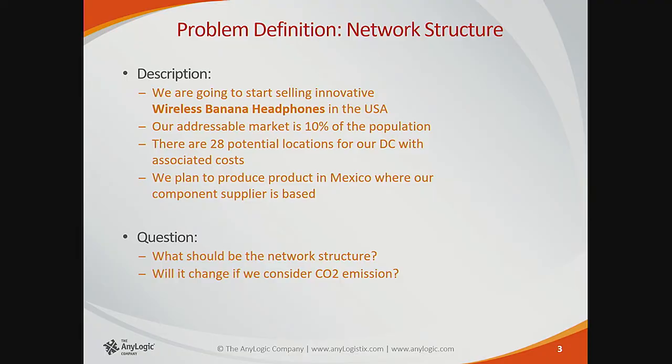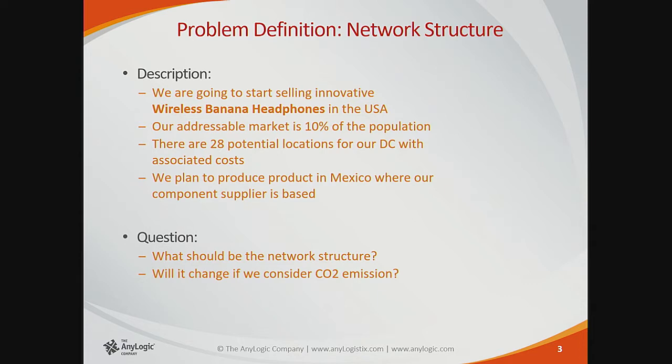So, this is the problem definition. Let's say we are going to start selling innovative wireless banana headphones in the United States. Our addressable market is about 10% of the population. We have 28 possible locations for our distribution centers, and we plan to produce the headphones in Mexico, where there is a key supplier for the components.